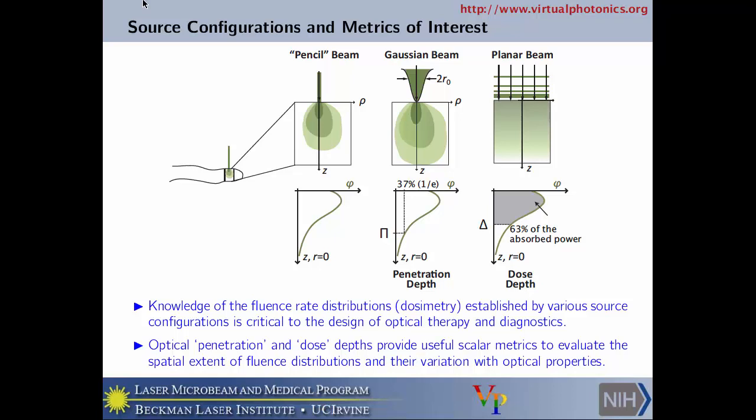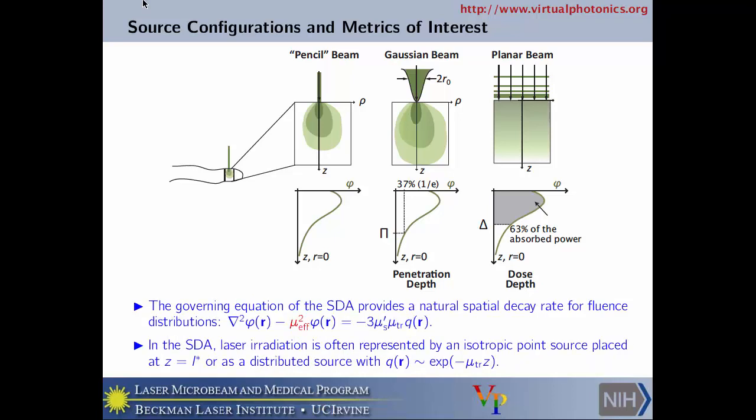So you see that here in the standard diffusion approximation, this coefficient links to the spatial decay, because in differential equations of this form, the solutions are exponentials of the square root of that coefficient. In the standard diffusion approximation, the collimated source that we model decays as the transport coefficient, essentially a sum of mu a and mu s prime.